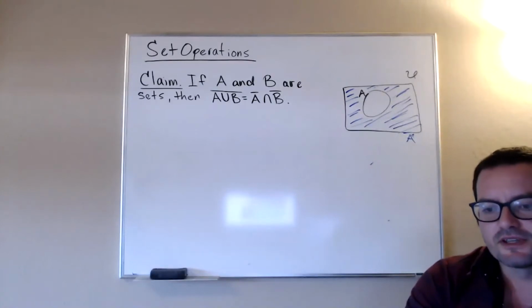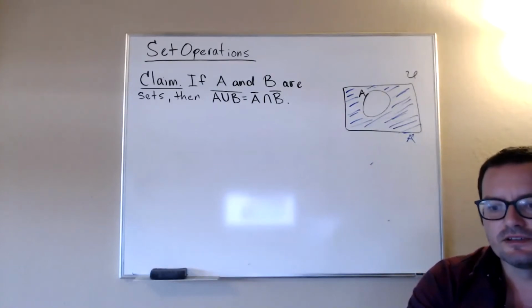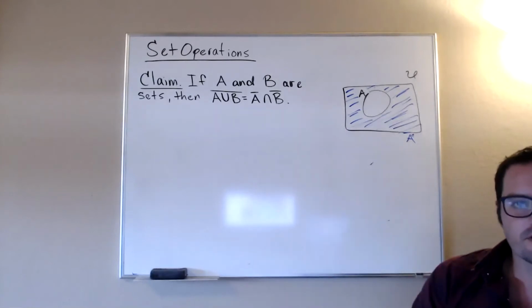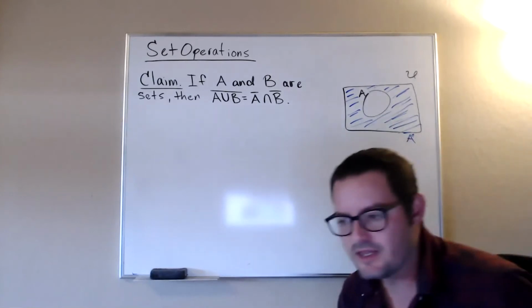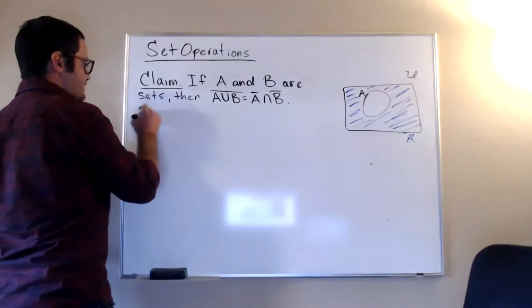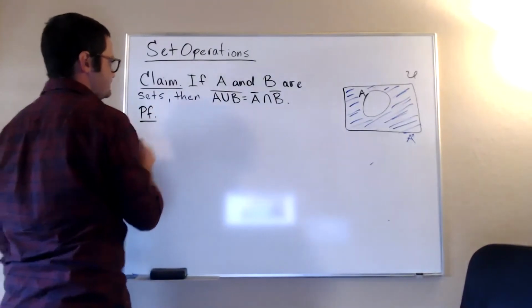The OR is like the union, and the AND is like the intersection. De Morgan's? Right. So this is actually one of De Morgan's laws for sets. And we can prove it by using De Morgan's law for logic. So let's go ahead and prove this.